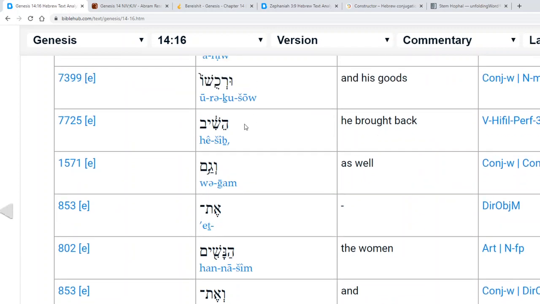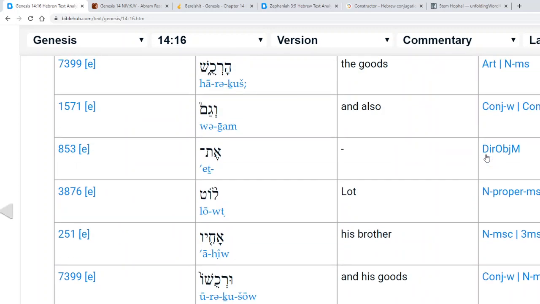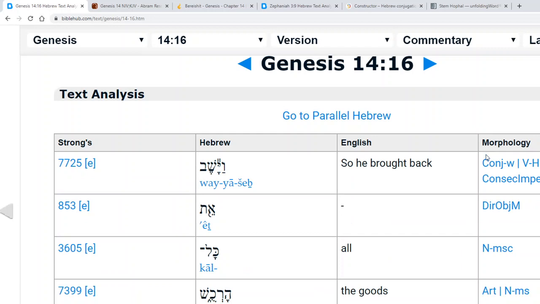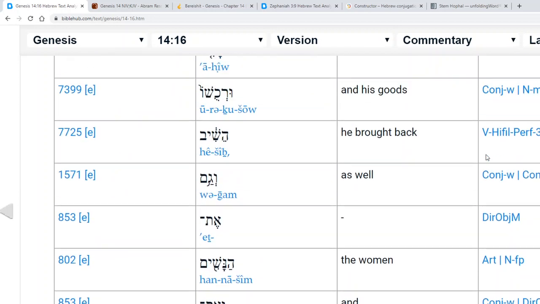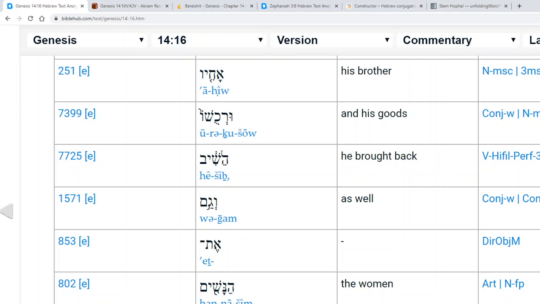Heshiv, right? And this heshiv is in the perfect, which is why the hey is showing up of the Hefil. Heshiv, he returned, caused to return, right?